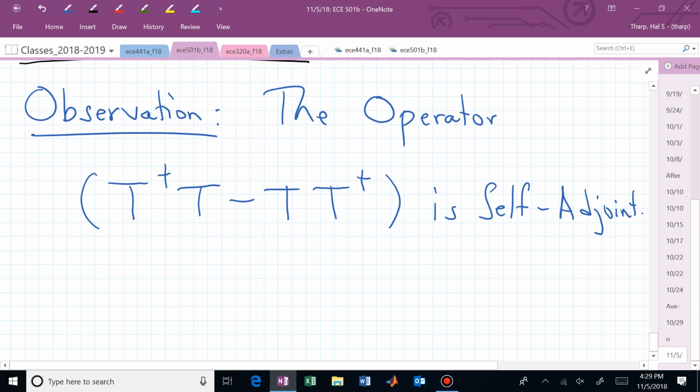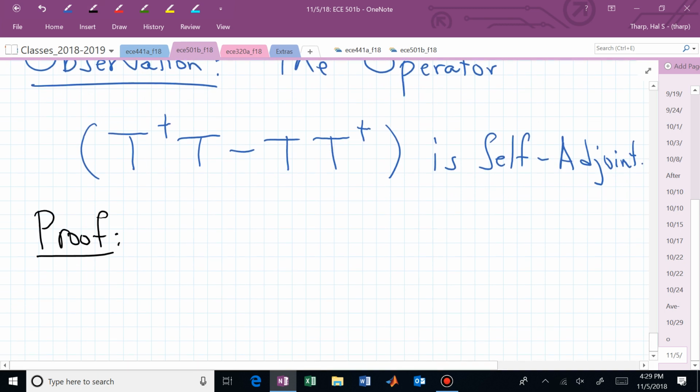And if T is normal, that's the 0 map, but if T is not normal, it's a map of something. But whatever that map is, it's self-adjoint. And we can show that by simply remembering or applying some of our knowledge of adjoints.